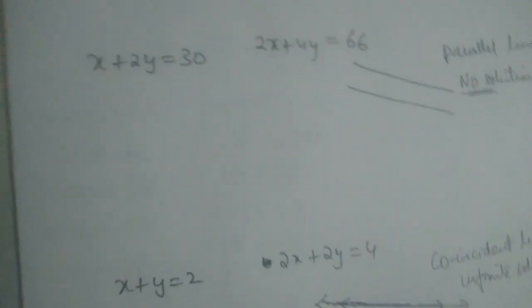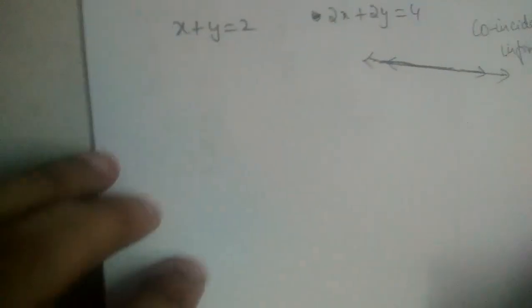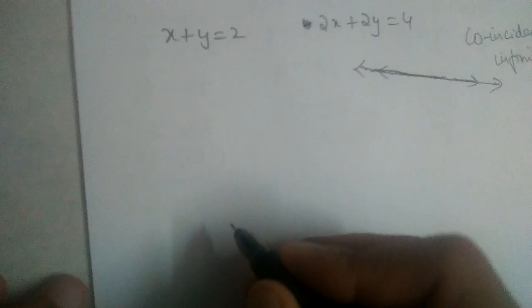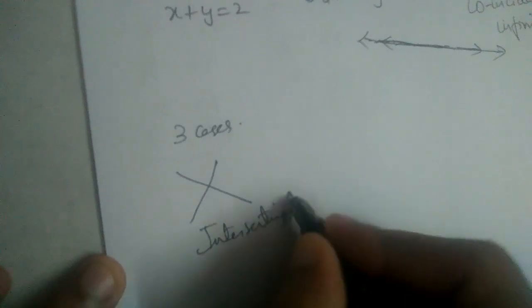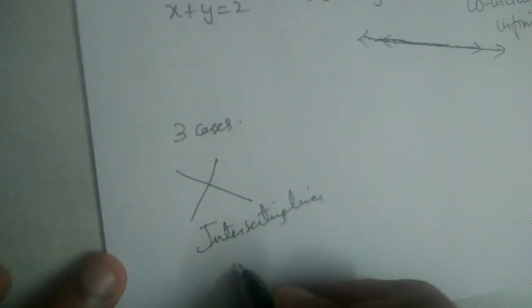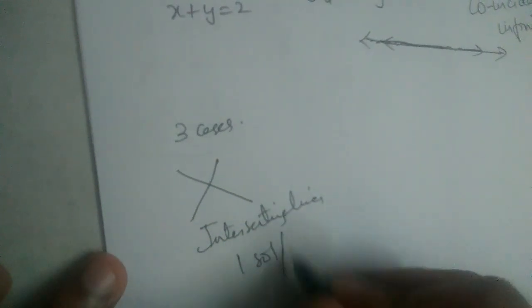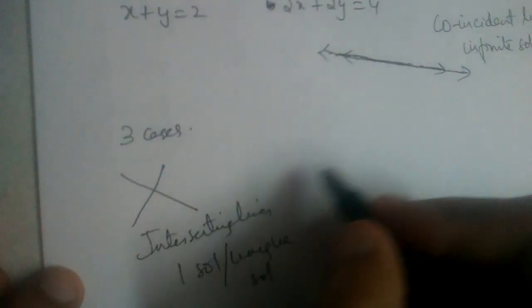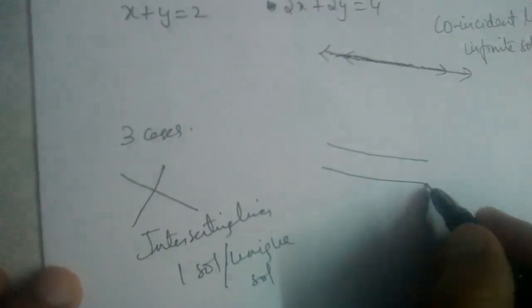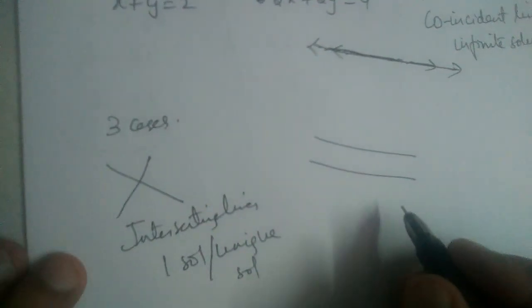Okay, what did we learn? We have learned that when we are drawing two lines, we'll come across 3 cases. What are those 3 cases? The lines can be like this, intersecting lines. How many solutions? One solution, or you can say unique solution. Second case can be the lines will be parallel.